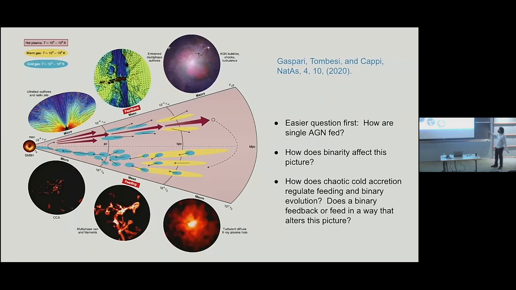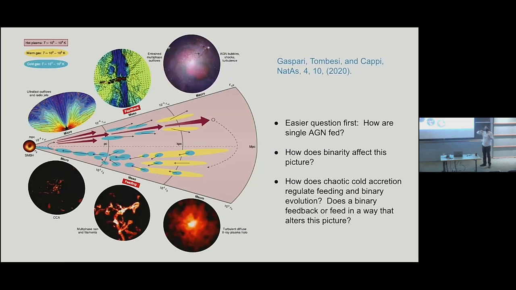Here is a diagram that Gaspari, Tombesi and Capi generated that shows how black hole feedback can be launched in these ultra fast outflows, these UFOs, that can launch material out to galactic scales.